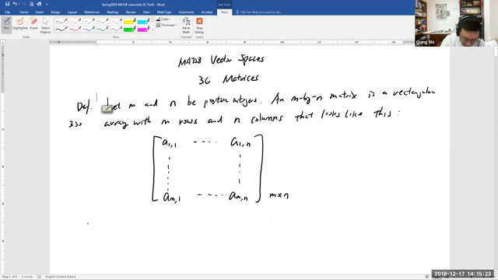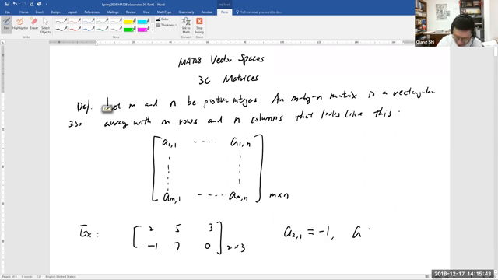For example, if we have something like 2, 5, 3 in the first row and -1, 7, 0 in the second row, we know this is a 2 by 3 matrix. If we ask you to find A21, that is the second row, first entry. This is -1.